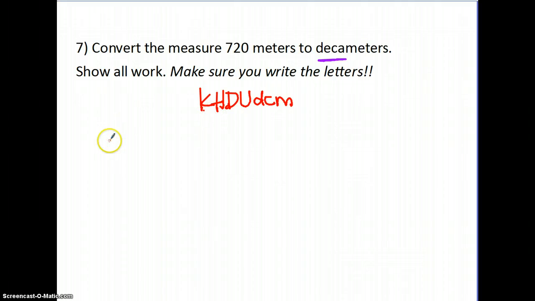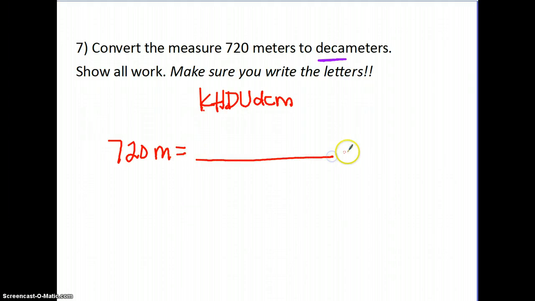So, we're starting at 720 meters, and we are trying to convert to decameters. Okay? This big D is for deca. The small d is for deci. That's just something you're going to have to remember.